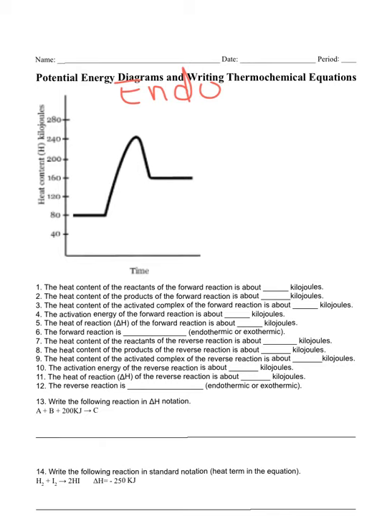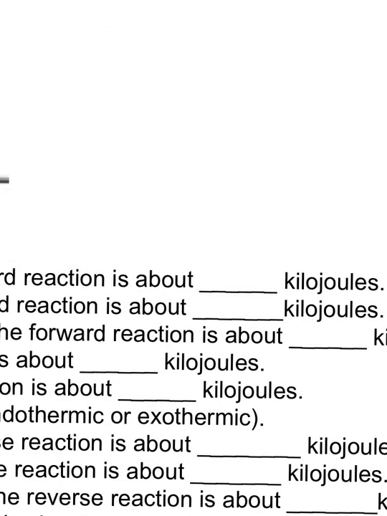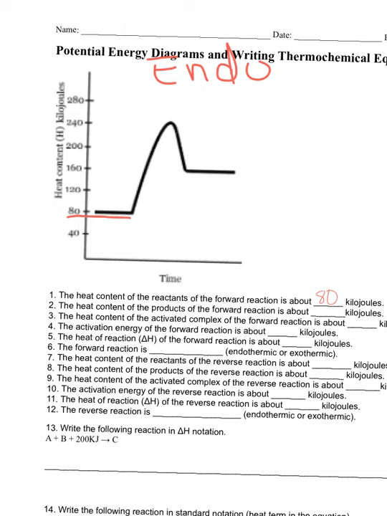Okay, the heat content of the reactants, we just look at the reactants, and it's very, very simple. It's going to be about 80 kilojoules. Then we look at the graph, number 2, the heat content of the products of the forward reaction.